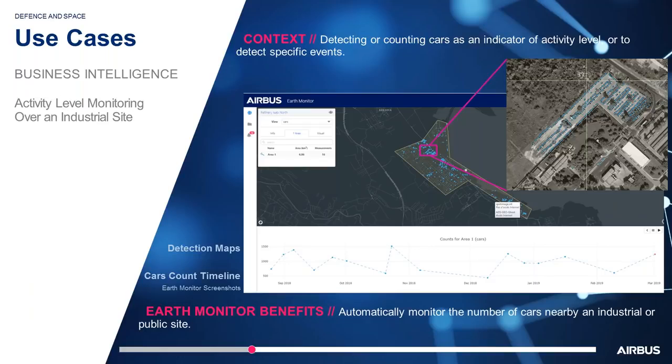And you can see also on the screen the detection map and also a cars count timeline to see the different number of cars across time for this area. We will see just after a short demonstration live with this.